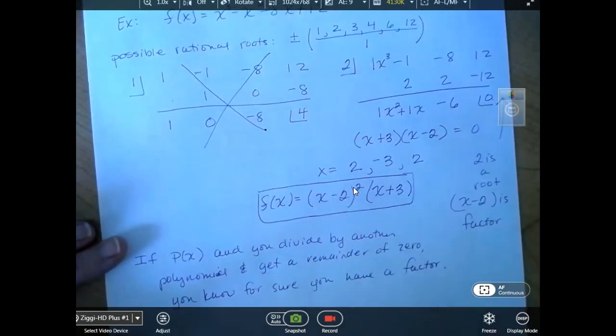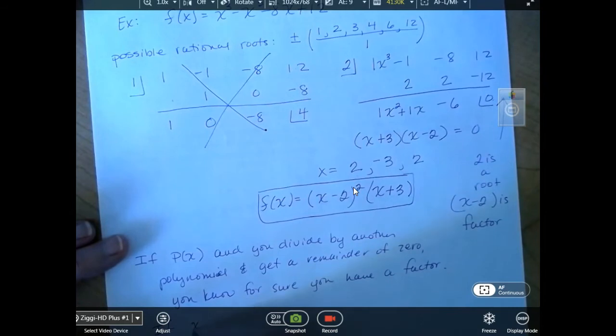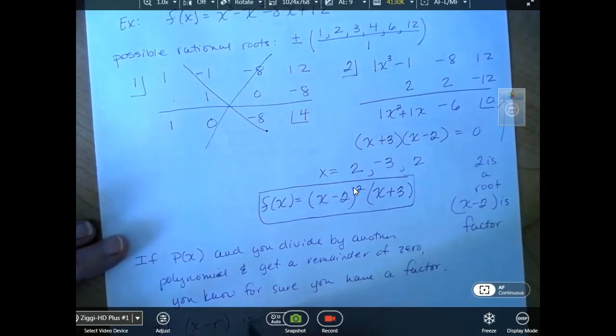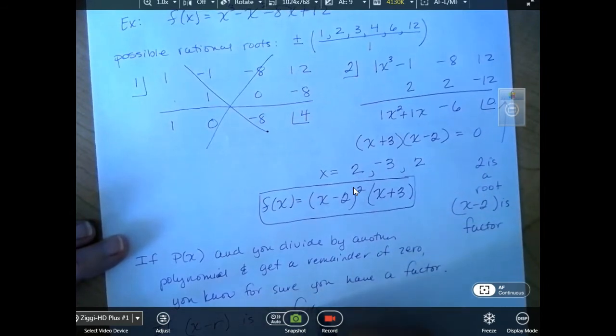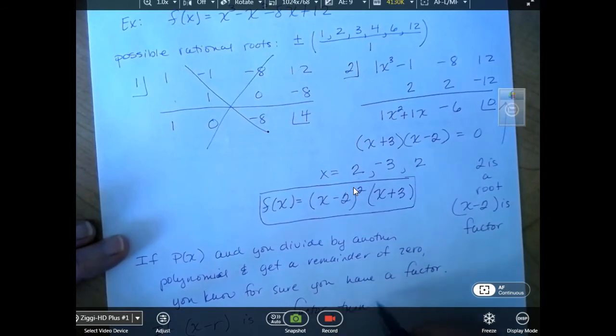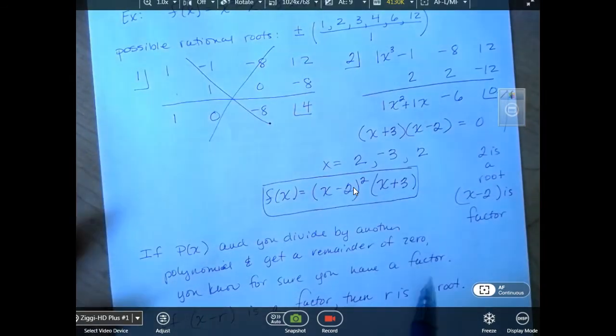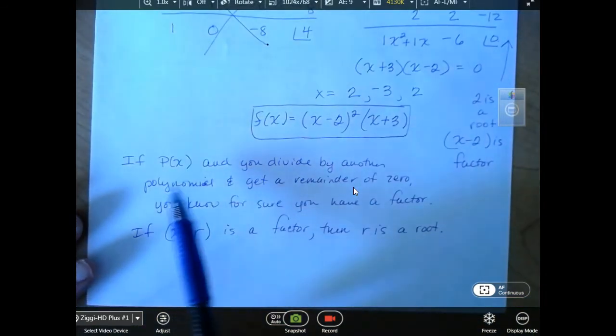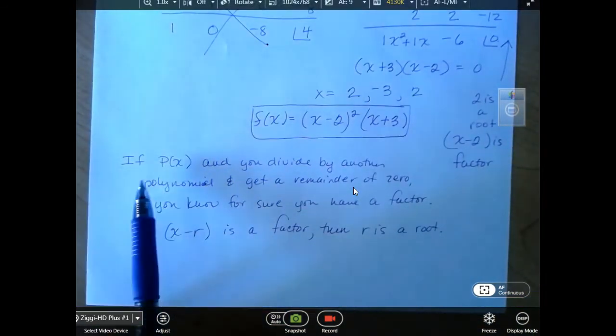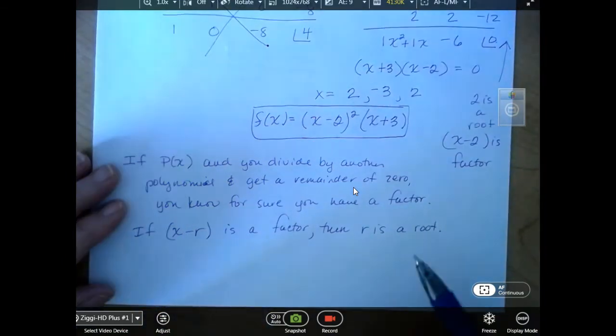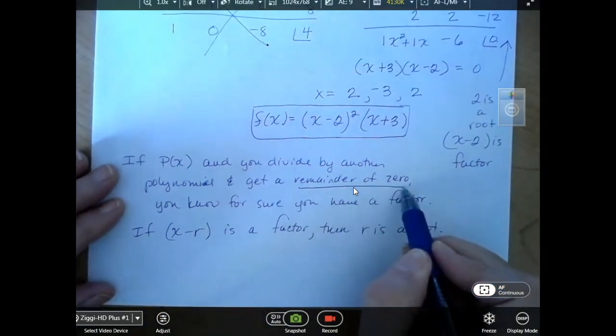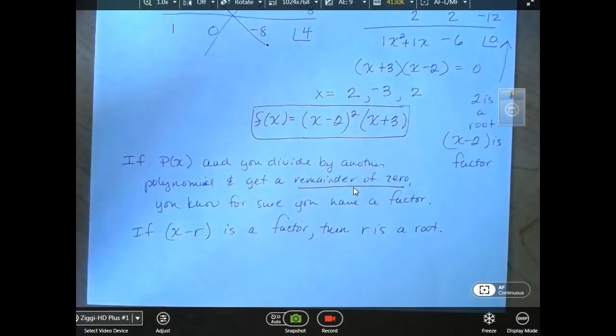And we've talked about this before. If x minus r is a factor, then r is a root. So these are kind of the 3 theorems that we're learning today. So the remainder theorem says that if you get a remainder of 0, you know that you divided by a factor.